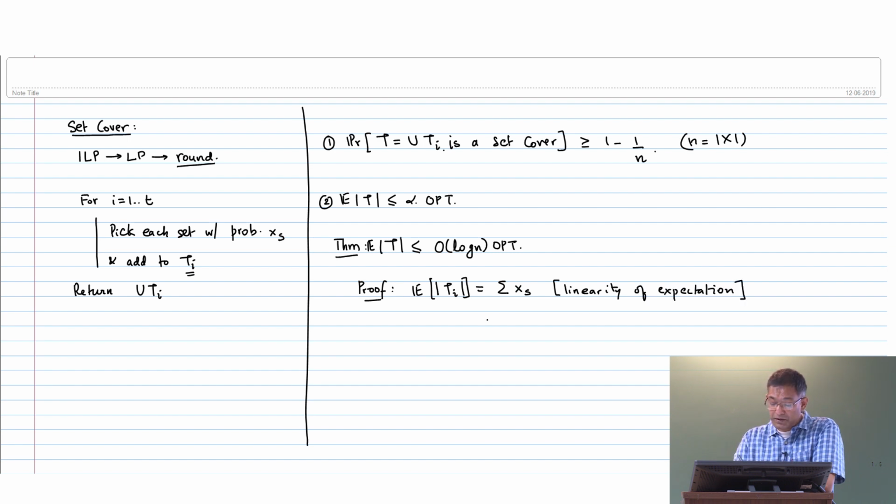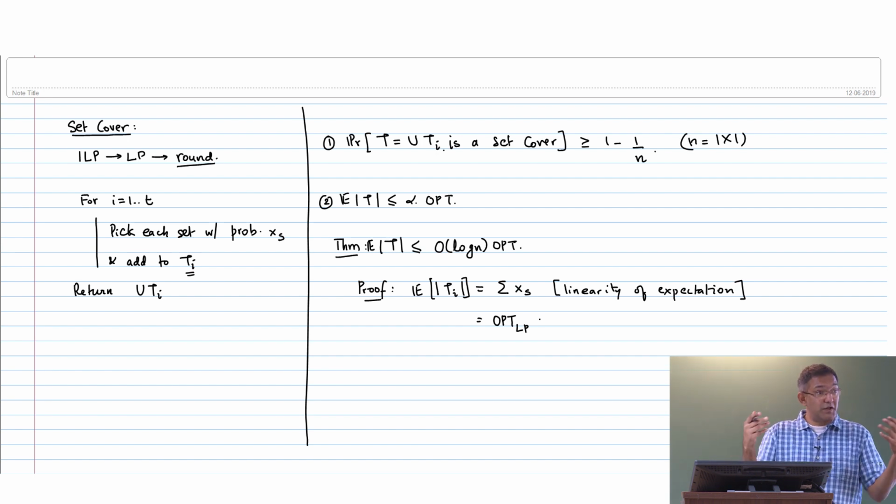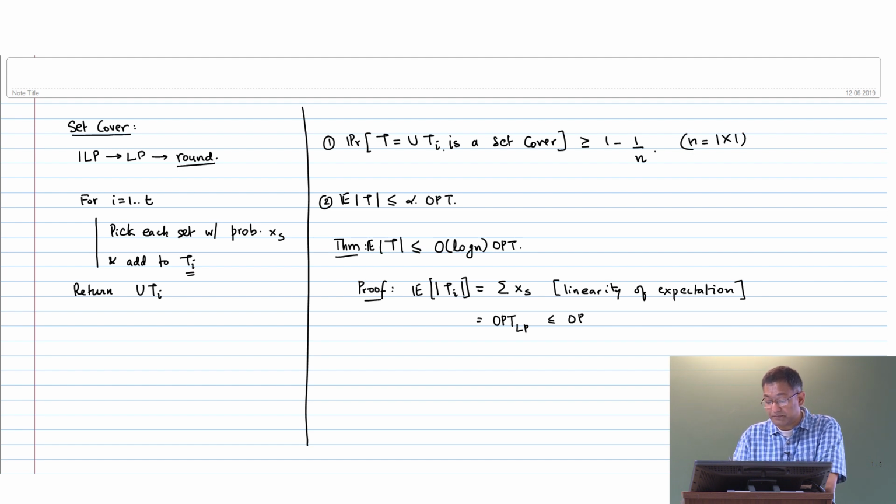linearity of expectation. But this quantity, the sum over x sub s, is actually the optimal solution of the LP, right. That is the objective function. The objective function was sum over x sub s. Therefore, in each round, the expected size of the set you choose is at most opt of the LP, which is at most opt, because the LP gives you a lower bound.